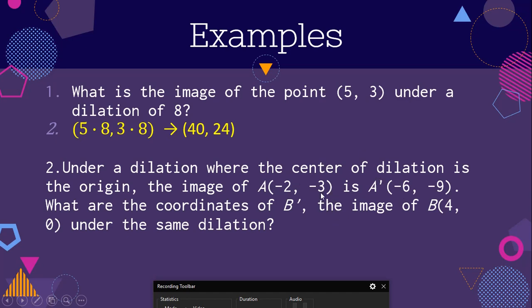And then from -3 to -9, we're also multiplying by the same value. So the rule is dilate by a scale factor of 3. Now that I know this rule, I'm going to go ahead and apply this to B. So 4 times 3 is 12, and 0 times 3 is still 0. And my location of B prime is at 12, 0.